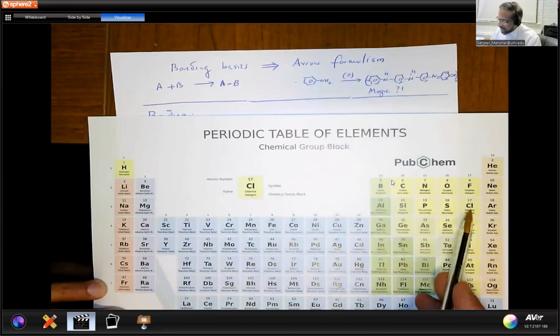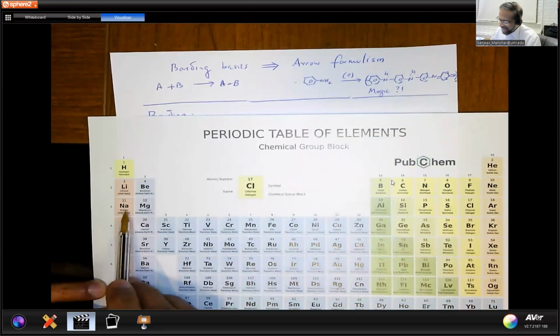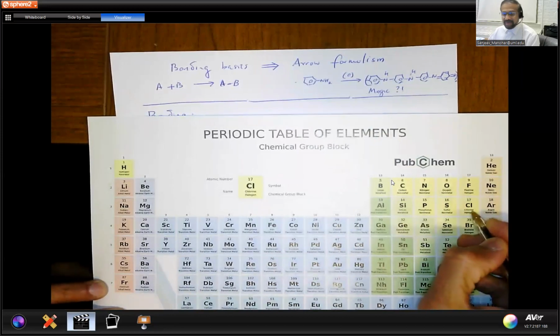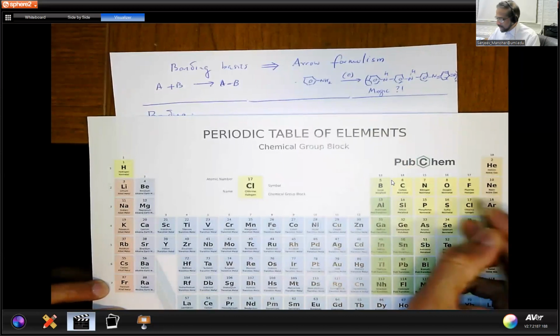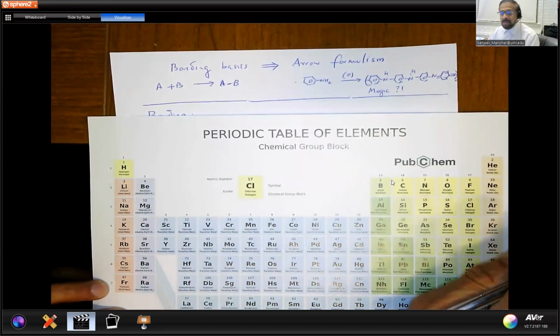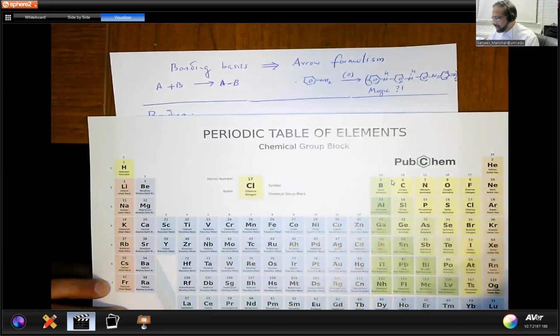What if the two atoms that want to form bonds end up being on the same side? Here, chlorine and chlorine say, wait a minute, we've got to form a bond because we're extremely reactive as just Cl, right? We want to come together.